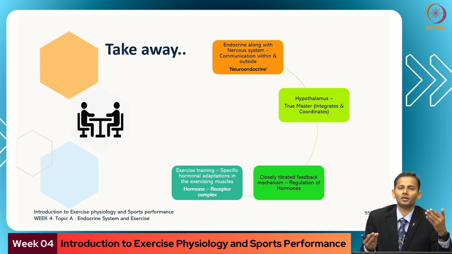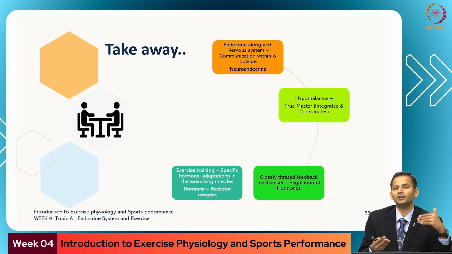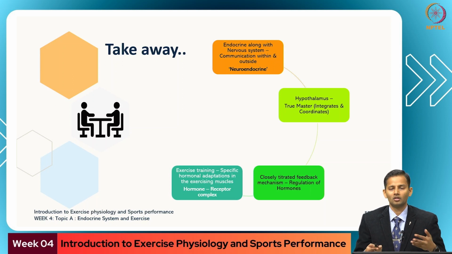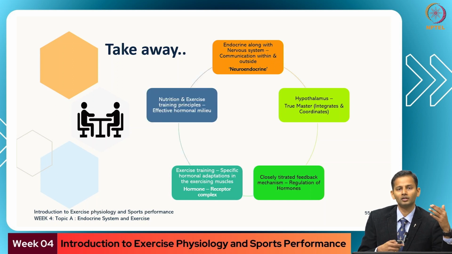The desired effect may be to increase certain proteins, or modulate certain enzyme activity, or influence the secretory function of the cell. So these are various ways by which the hormone functions to execute the required action.